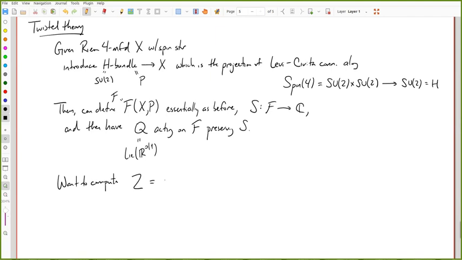Let's start with the simplest thing, the empty correlation function, or the partition function, which is supposed to be, equal sign in quotes, the integral over this field space of some measure of e to the minus the action.